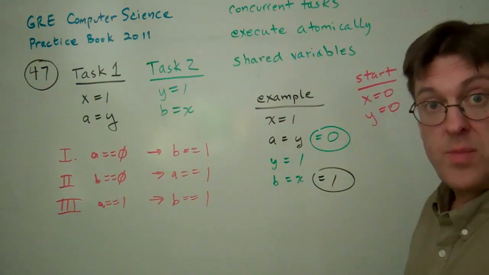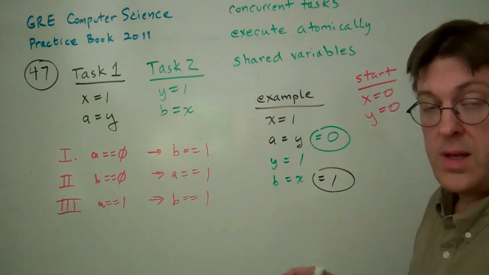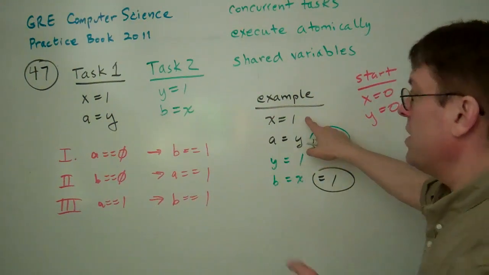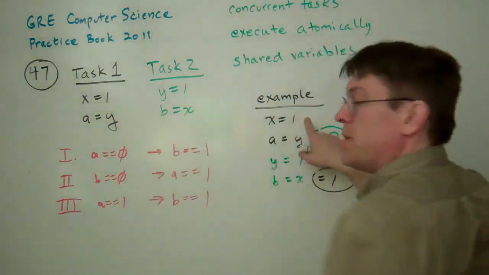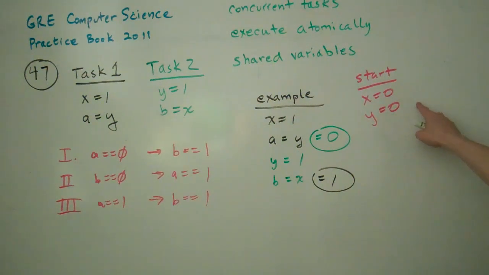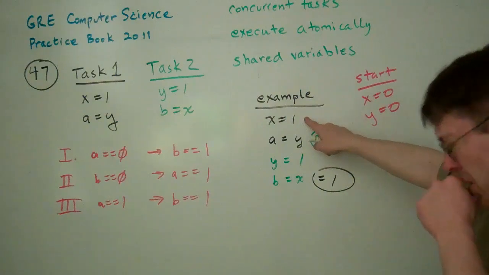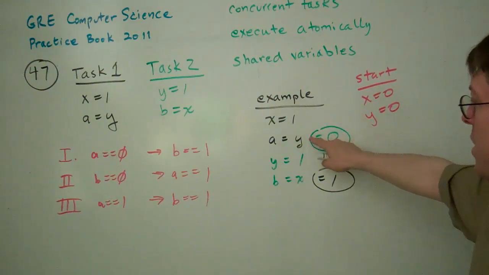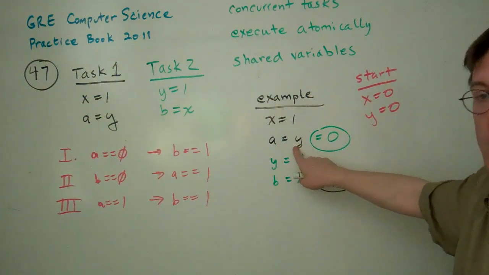The easiest example is, let's suppose they actually did complete in sequence. In that case, the first step would be x assigned to 1. So x starts off at 0, but it's going to be 1. And then a gets set to y.